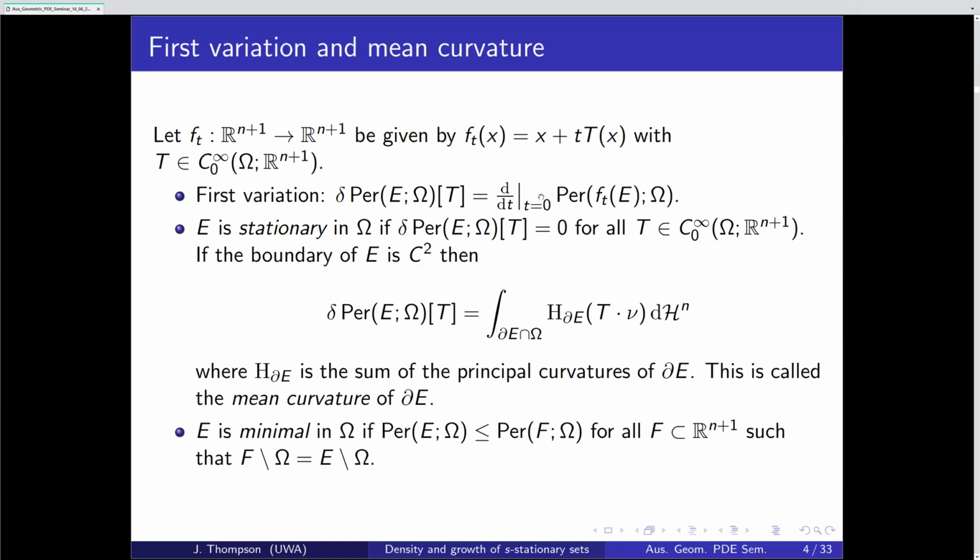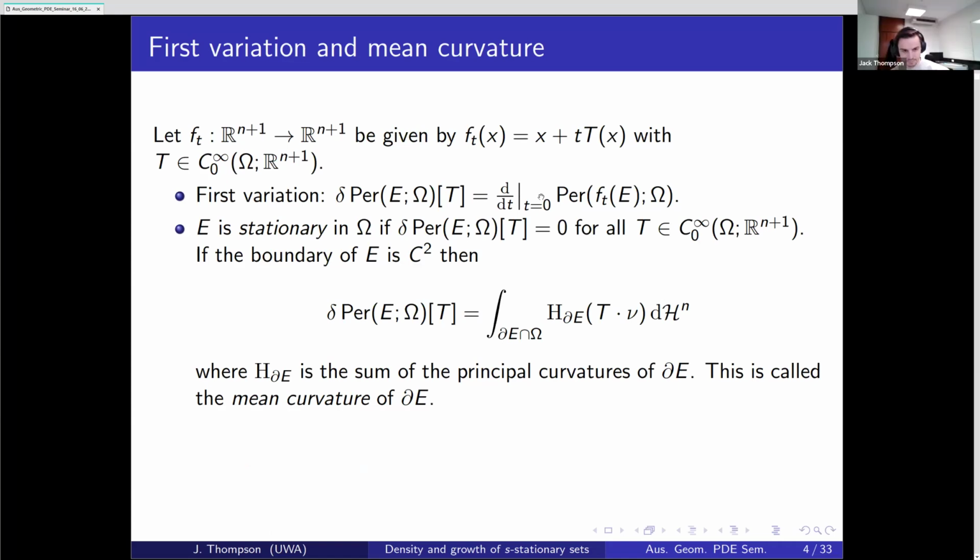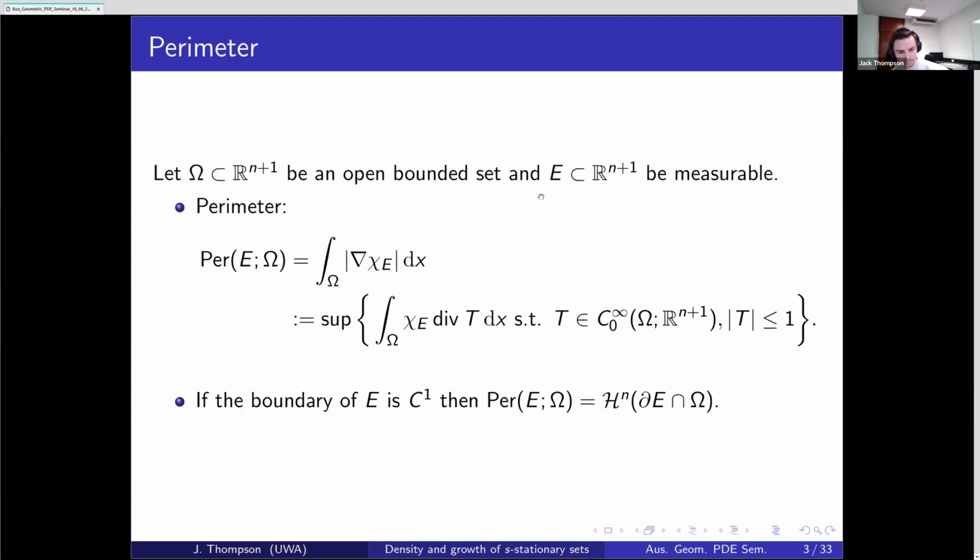Jack, can I interrupt for a second? Yep. I forgot what you had on your previous slide. Does E sit inside omega? Yes and no. E doesn't sit inside omega, but you're only measuring the perimeter in omega.